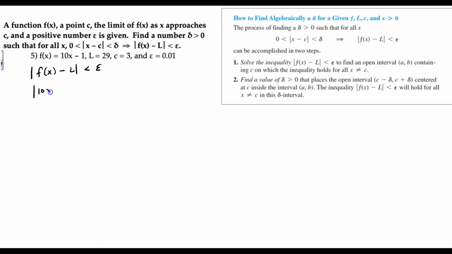In our problem here, it's 10x minus 1, minus the limit, which happens to be 29, and it has to be less than epsilon, which is 0.01. When I combine my like terms here, I'm going to have the absolute value of 10x minus 30 less than 0.01. And I'm going to transform this absolute value inequality into a compound inequality that looks something like this.